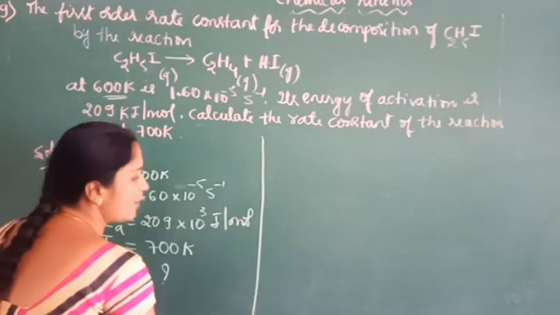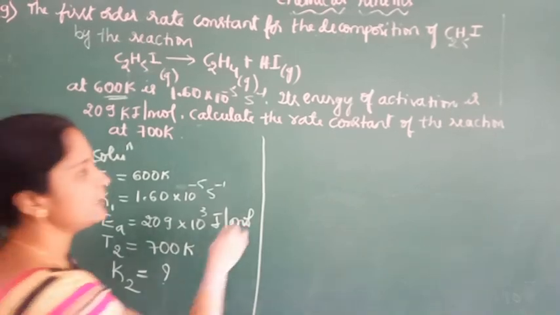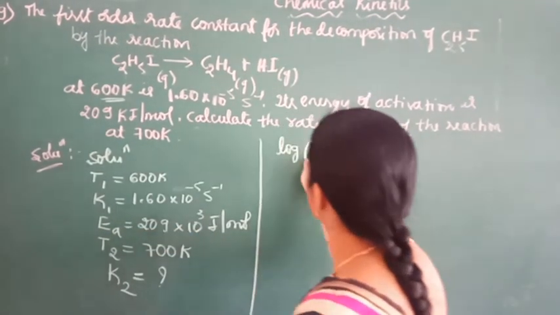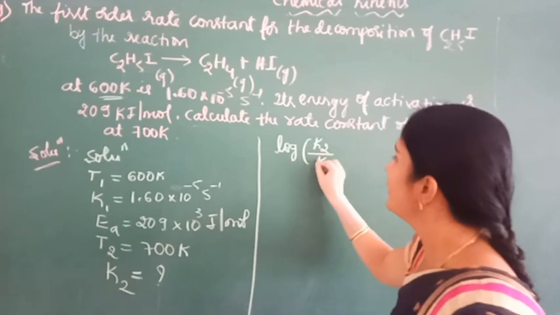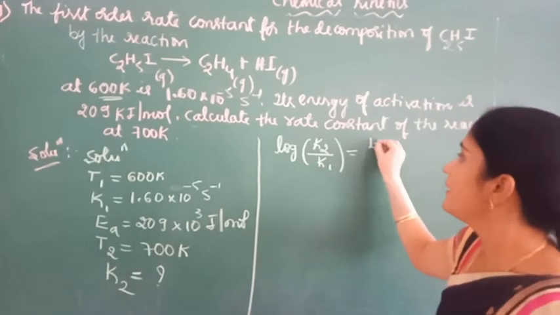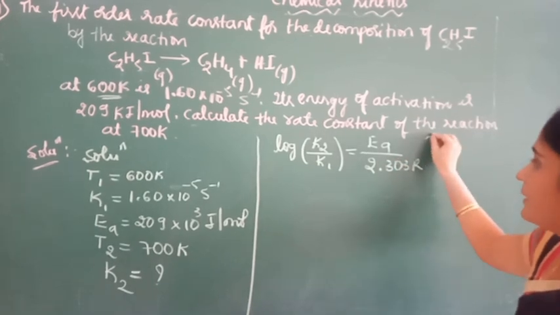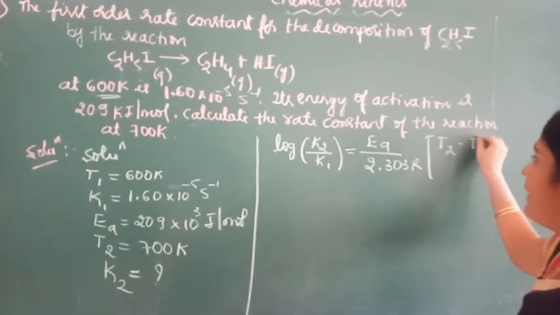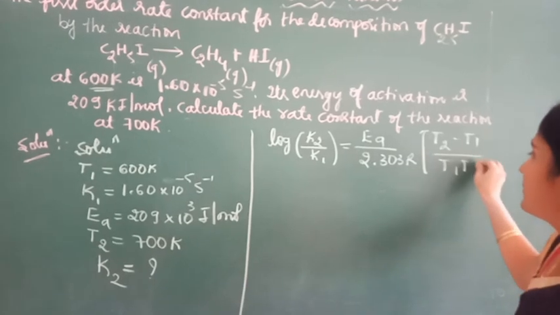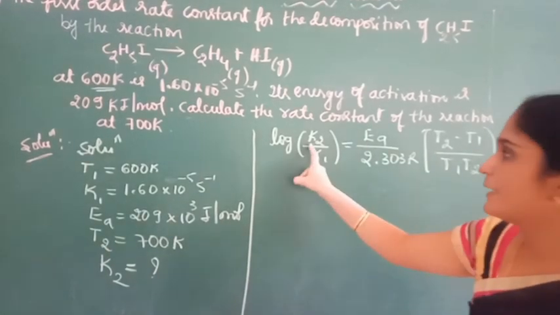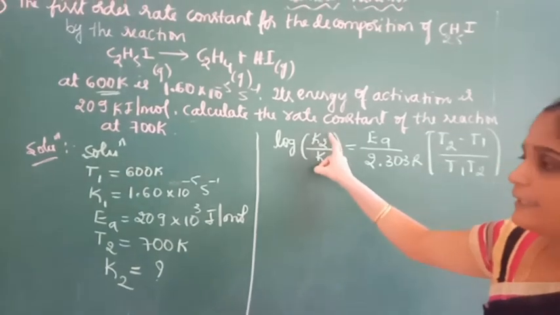So we know the formula to calculate activation energy: log of K2 by K1 equals EA divided by 2.303 R into T2 minus T1 divided by T1 T2. By using this formula we can calculate the rate constant K2 value.